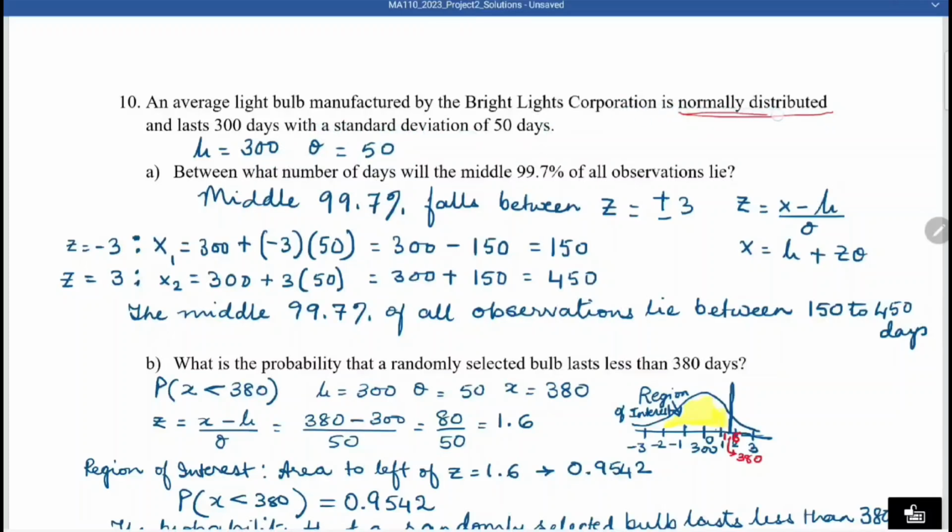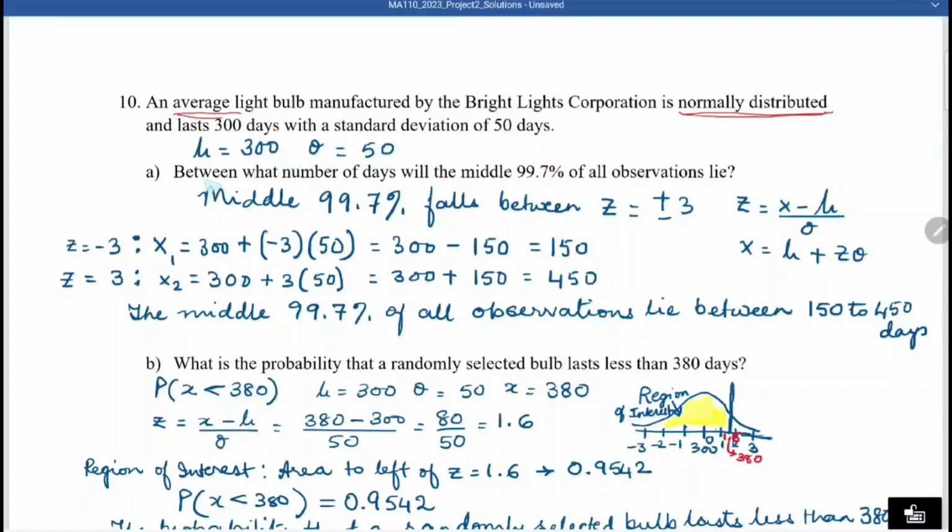These are some of the key words we need to go ahead and answer this question. Normally distributed and lasts 300 days. How do we know this is the mean? It says an average light bulb. So the mean duration that the light bulb will last is 300 days, and the standard deviation is 50 days.